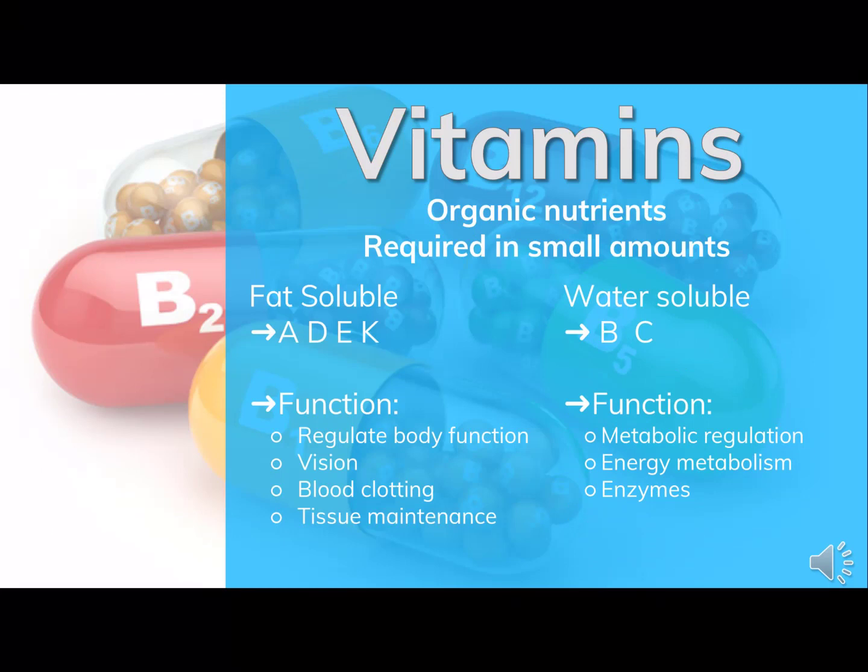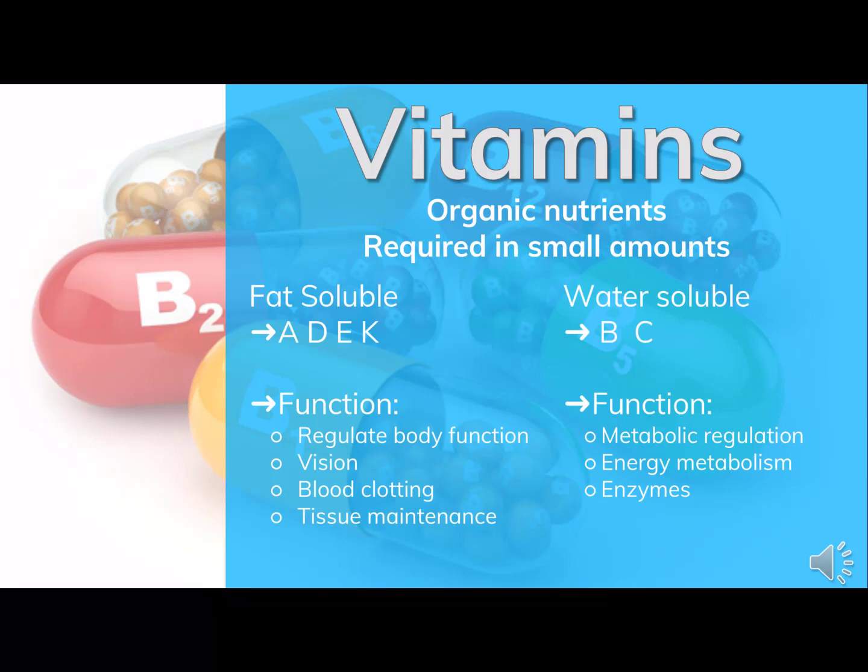So vitamins are categorized as organic nutrients, meaning that they contain carbon, hydrogen, oxygen, and nitrogen at the chemical level. And we really only need these in small amounts when we're supplementing in livestock. There are two categories, fat soluble and water soluble. Fat soluble means that when those are consumed by an animal, they're stored in the fat in the body.